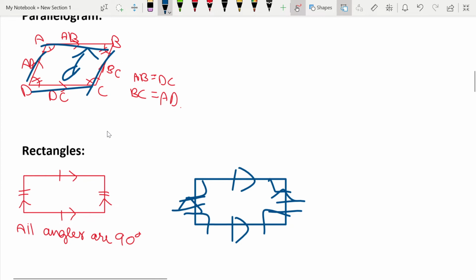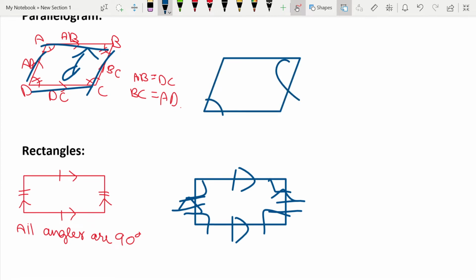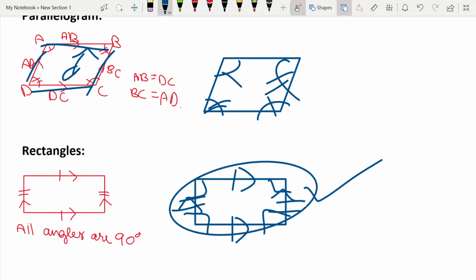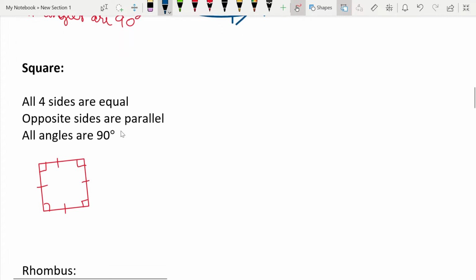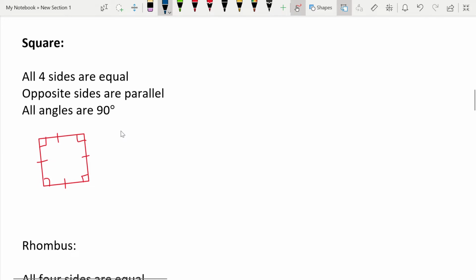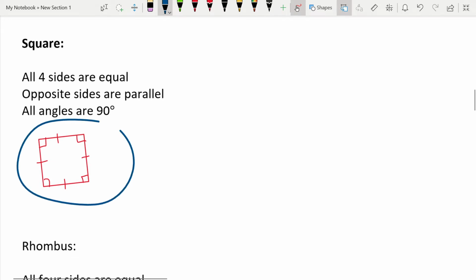In a parallelogram, these two are equal and these two are equal, but in this one, all angles are equal. Alright, let's move on. The next one is a square. In a square, all four sides are equal, opposite sides are parallel, and all angles are 90. Easy to understand. We've got a little illustration of that right there.